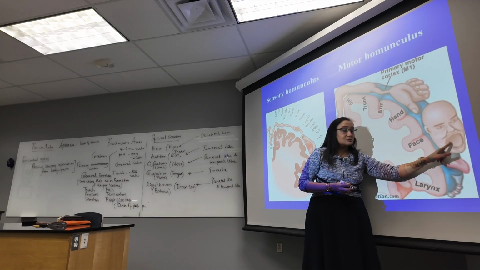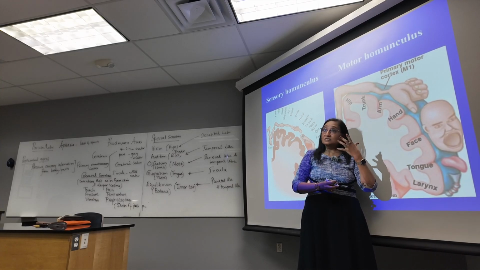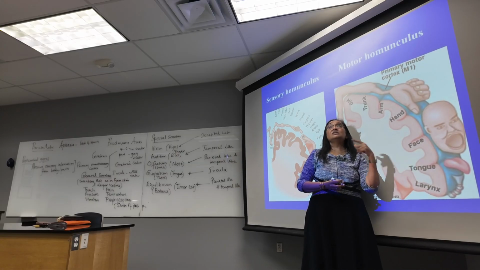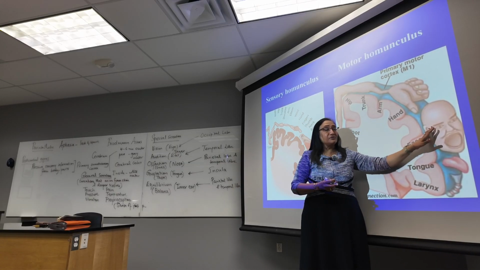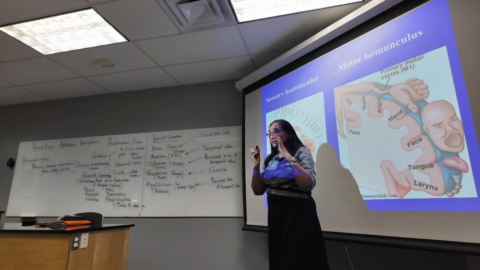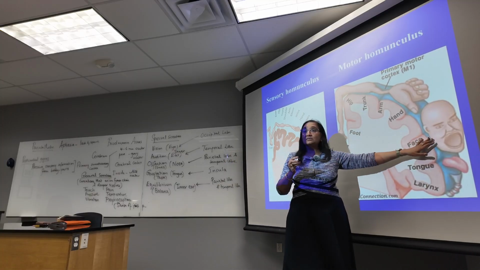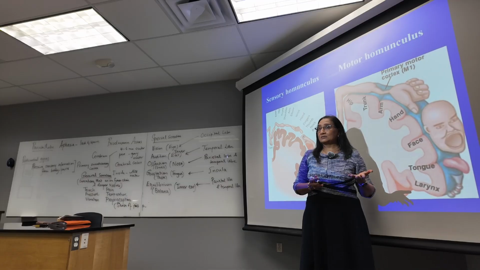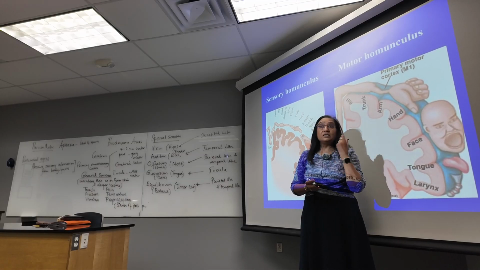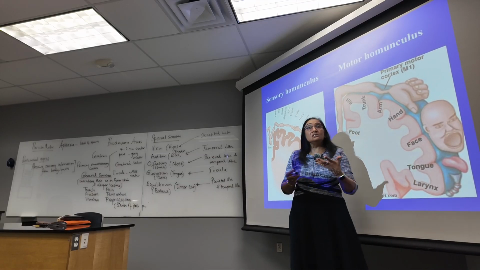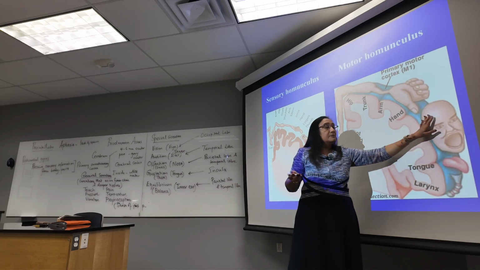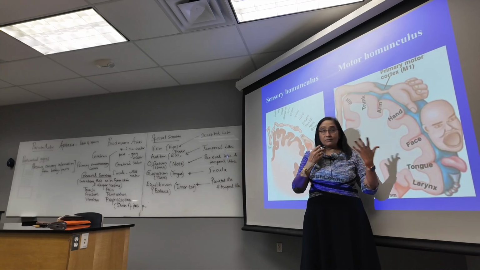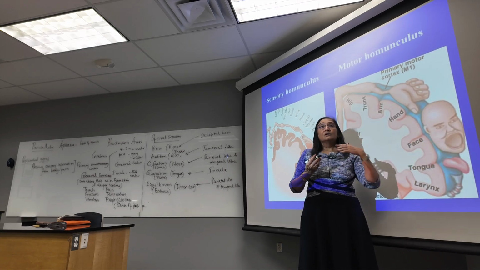Facial muscles: we speak, so there are muscles of speech, and then facial expressions. If you look at which muscles in the body we use maximally, it is the facial muscles, because we eat at least 2 to 3 times a day. We use our muscles of chewing.